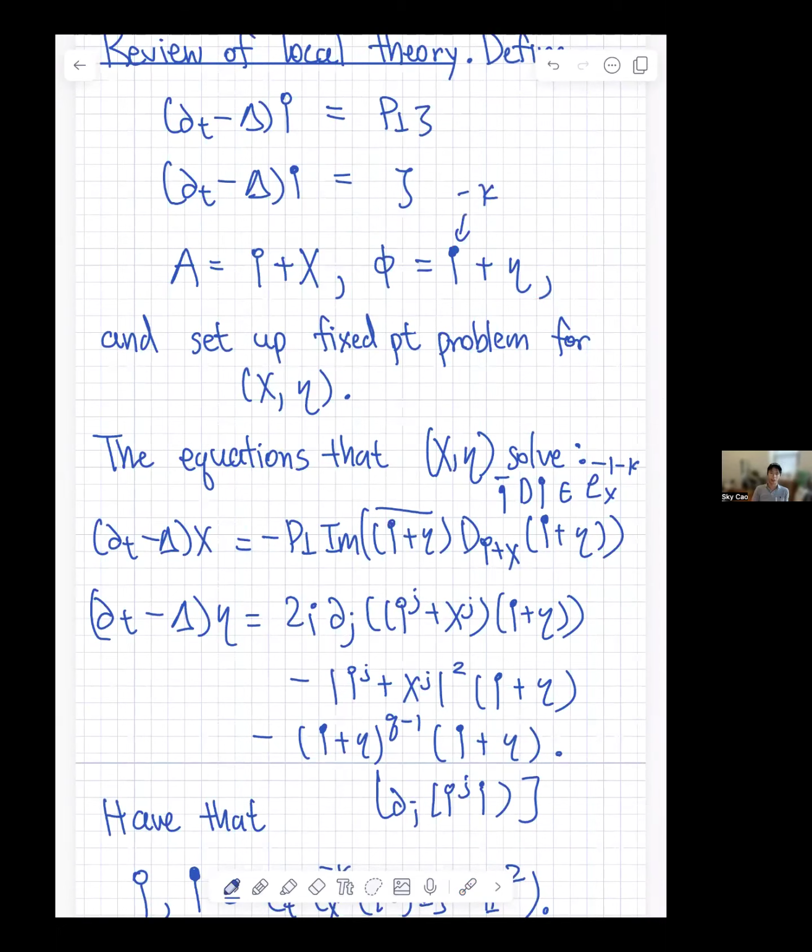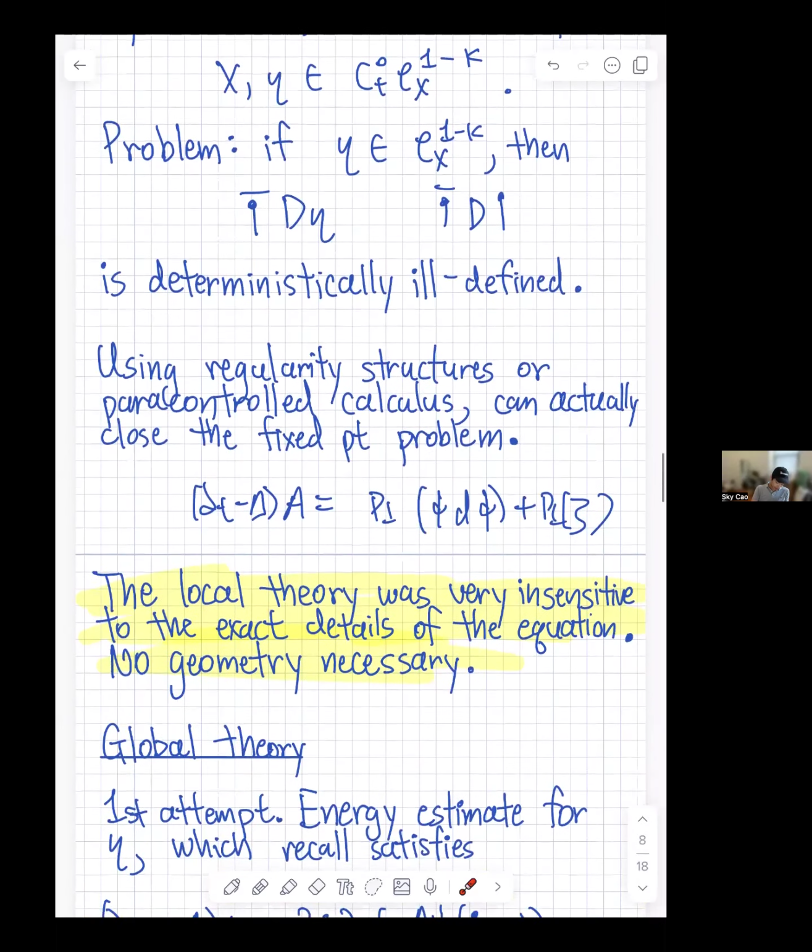Kappa is some small parameter. So I have no hope of controlling the energy for the whole solution itself, because of this most rough or most singular part. So the only hope I have for doing energy estimates is on the smoother remainder. So that's what we're going to do. And that involves computing the evolution of the remainder.